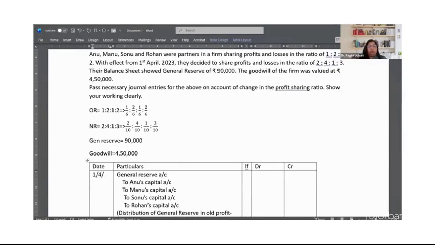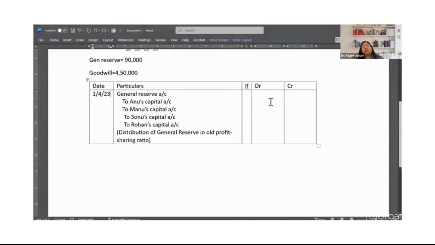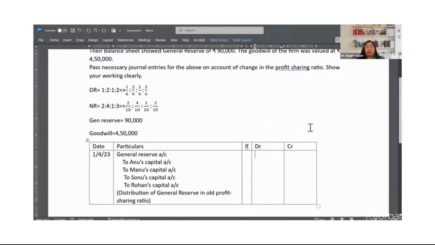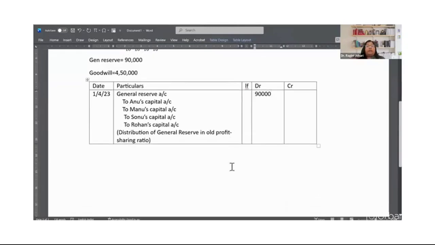This is 1/4/23. Nothing much has been given, so we can use this date. So 90,000 is debited and has to be shared among the partners in this ratio. So let us find out their share.